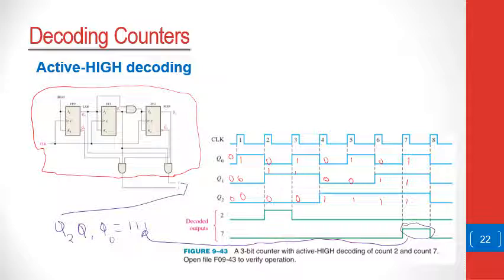On the other hand, this output 2 is high when you have Q2 bar, Q1, and Q0 bar, and this is high when you have 0, 1, 0. And this is the output here. So in that case, these are active high decoder outputs, which are able to detect these different codes.